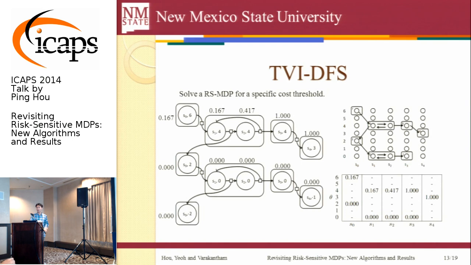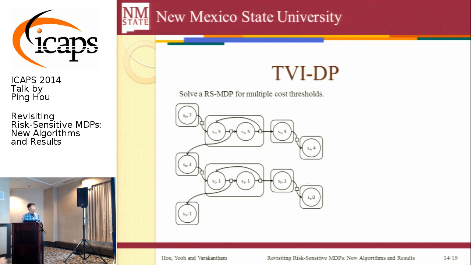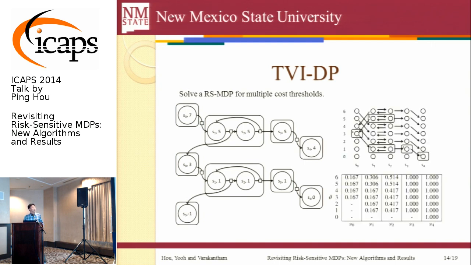So based on this observation, we have the second algorithm. We call it TIDP, and DP means dynamic programming. The power of TIDP is that it can solve a risk-sensitive MDP for multiple cost thresholds in just one sweep. There are two differences between TVI-DFS and TIDP.